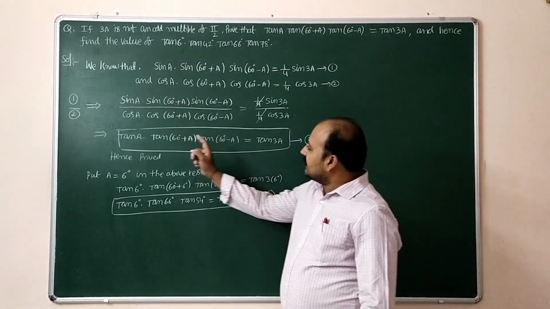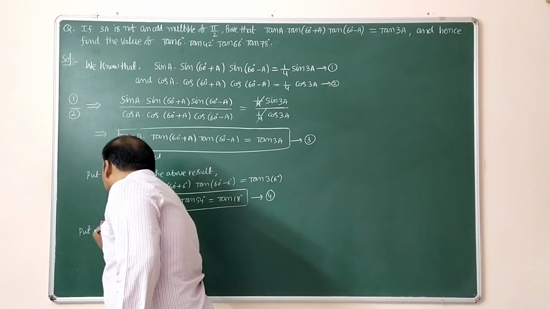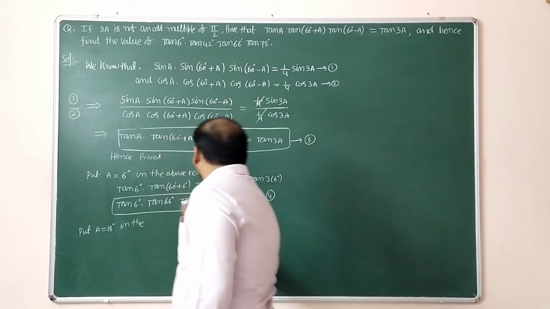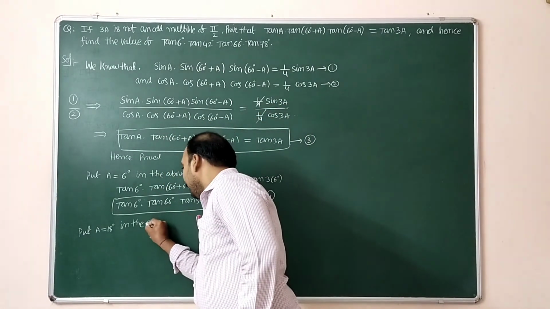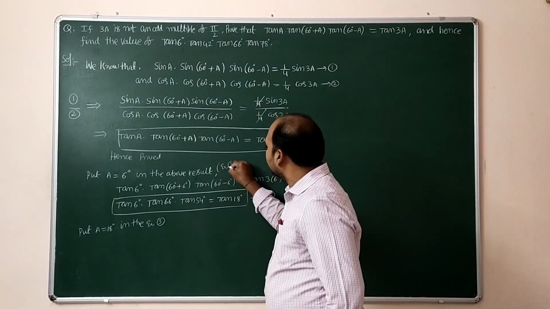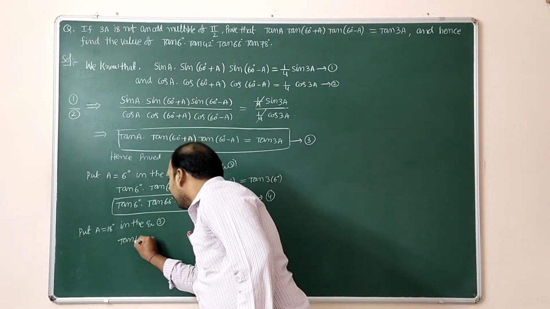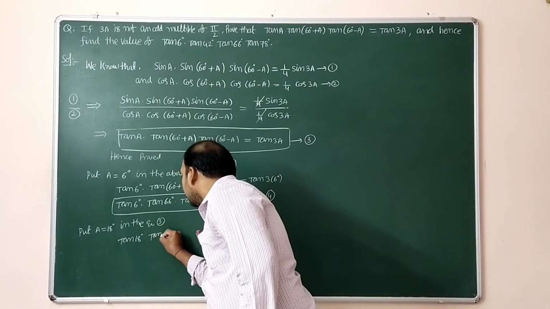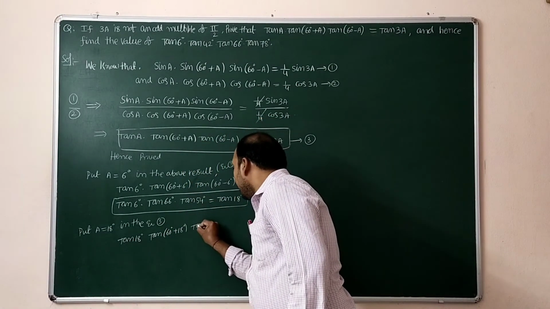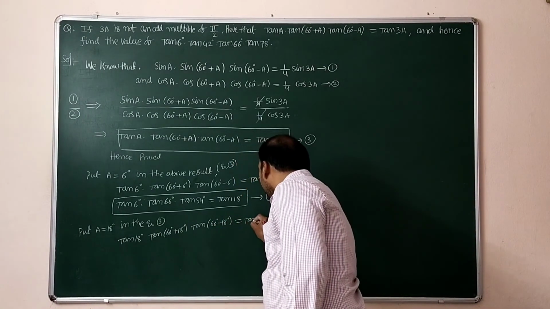Similarly, in place of a, you have to take 18 degrees. Put a equal to 18 degrees in the above result, in equation 3. So tan 18 degrees into tan 60 plus 18 degrees into tan 60 minus 18 degrees is equal to tan 3 into 18 degrees.